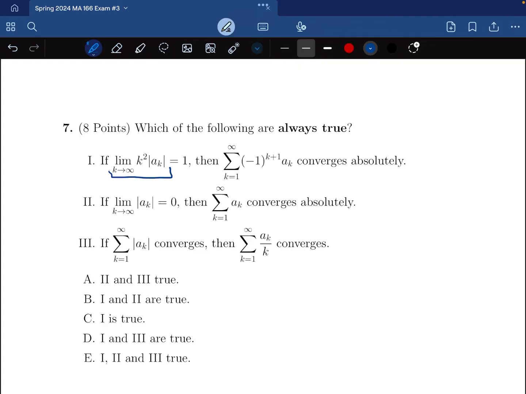And of those 4 tests, the integral test and comparison test involve no limits. So this probably relates to either the ratio test or the limit comparison test. The ratio test would not apply here because the ratio test is a ratio between consecutive terms in the series, and we only have a_k here. So this probably has to do something with the limit comparison test.